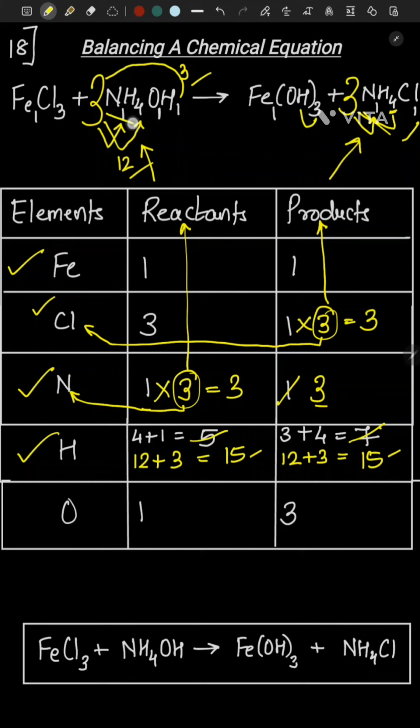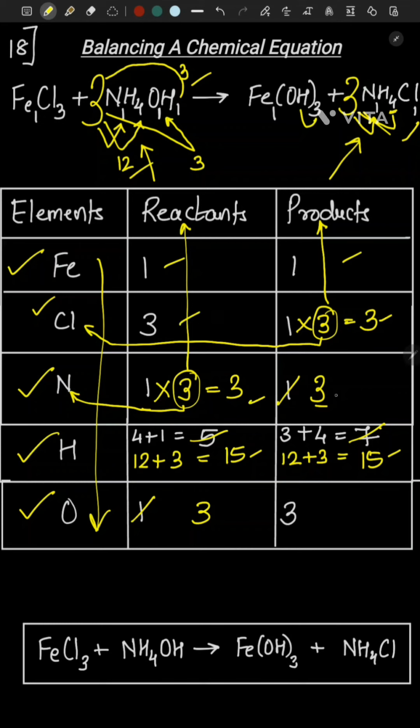Just like that, look at this oxygen, which was 1, but now combining with 3, so it will become 3. It will automatically change the oxygen also to 3. So when you look around, all of these are balanced now as 1 and 1, 3 and 3, 3 and 3, 15 and 15, and 3 and 3. So what is my final tally?